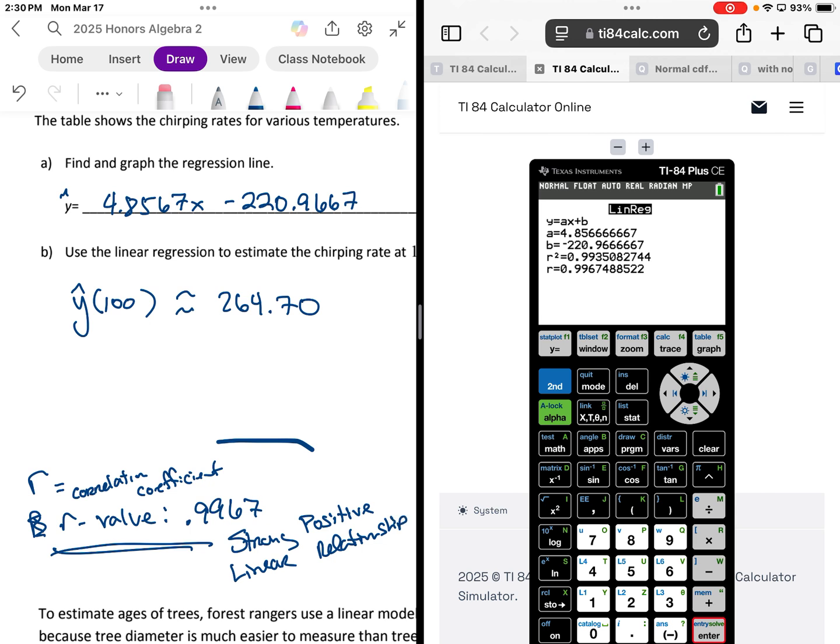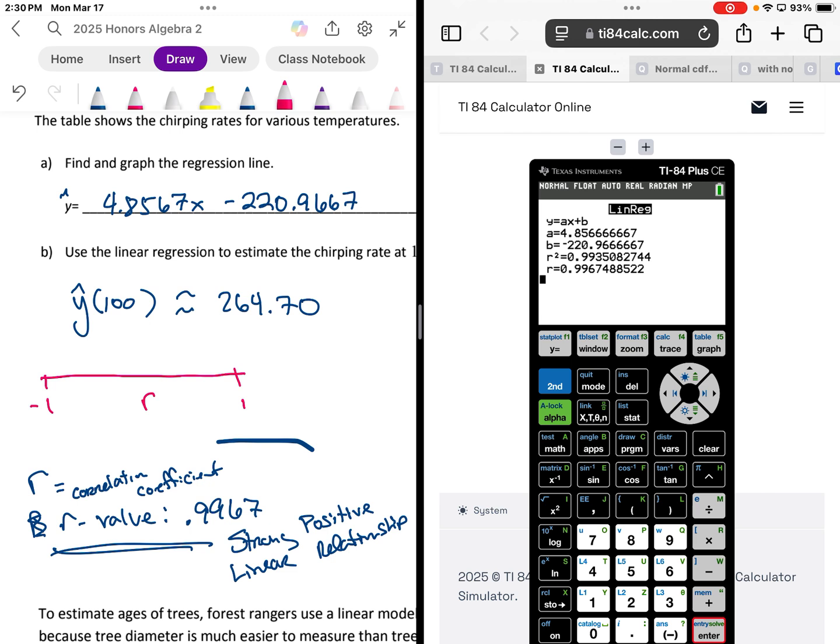Remember, earlier in the semester we had a little number line that we used as a guideline. What were the values that the R value had to be between, always? Negative 1 and 1. So your R value had to be between 1 and -1.